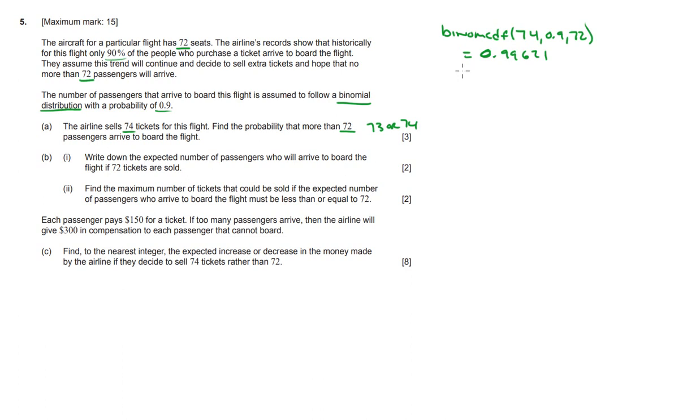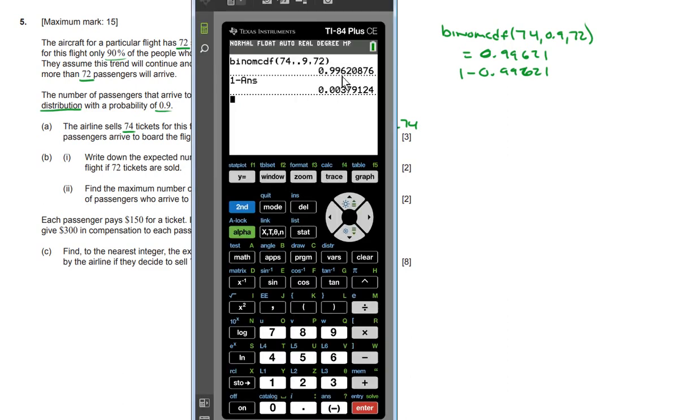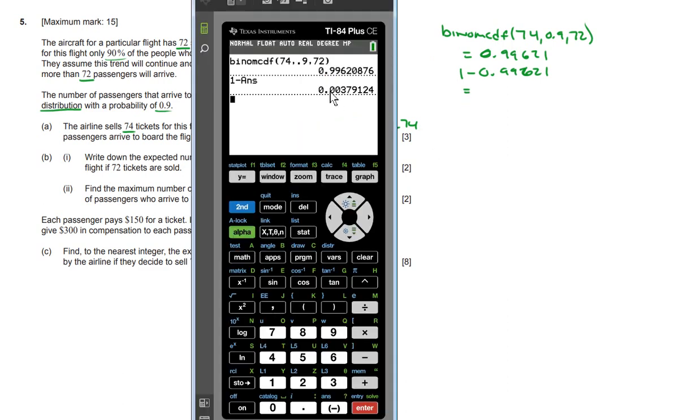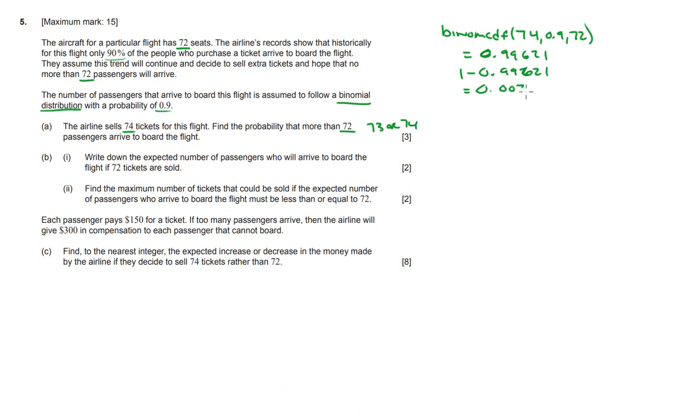So then we did 1 minus 0.99621, if we round it, right? Which ended up giving us 0.00379. And I might even write 379124, just in case we might need to use this later.